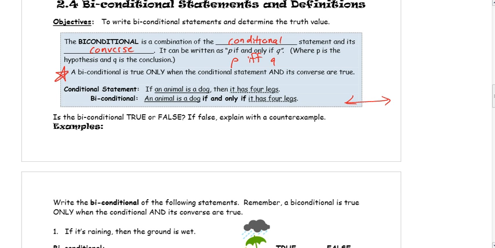So if we look at this conditional statement, if an animal is a dog, then it has 4 legs. If we flipped this, we would say if it has 4 legs, then it is a dog. Okay? So the way we look at this is an animal is a dog if and only if it has 4 legs. We want to see if this is true or false.